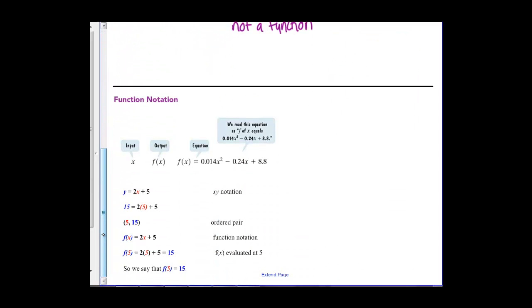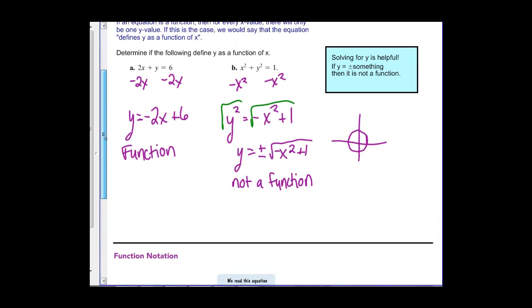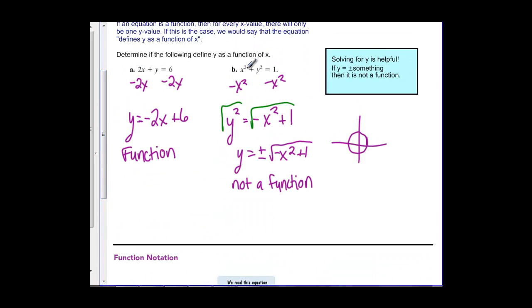All right, let's talk about some function notation. By the way, the big trick with these: if you have a y squared, chances are you're going to end up not having a function. Also, if you have absolute value of y, which I didn't put up here, let's think about it.